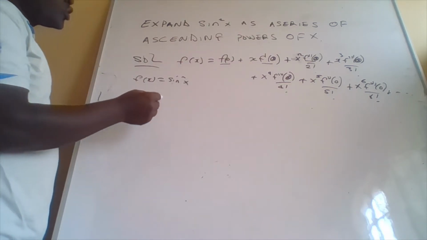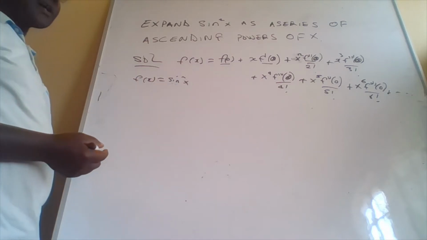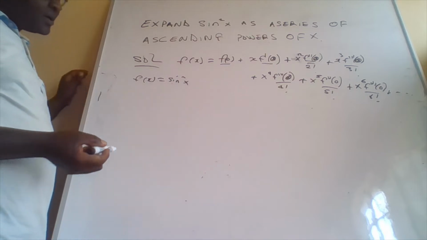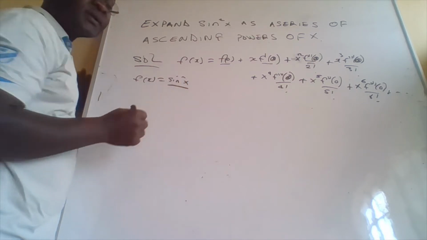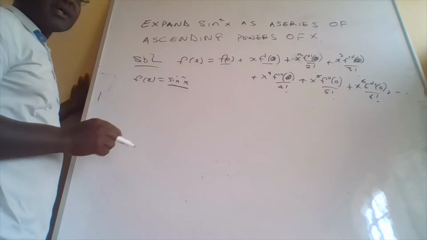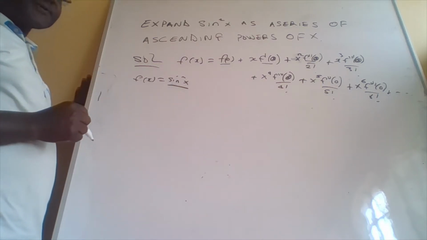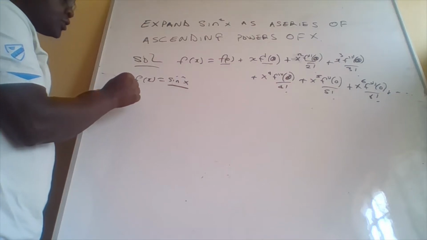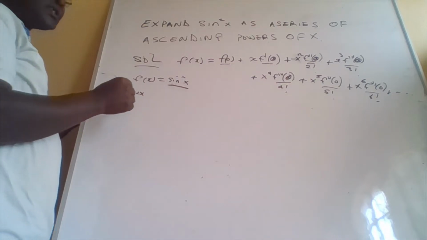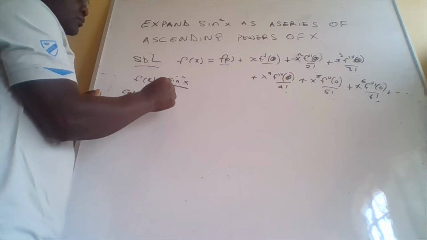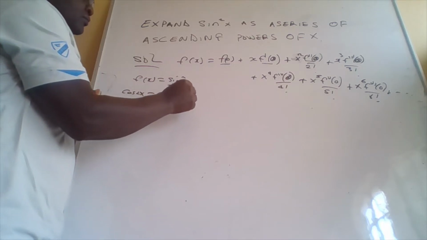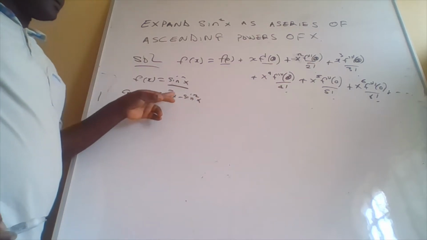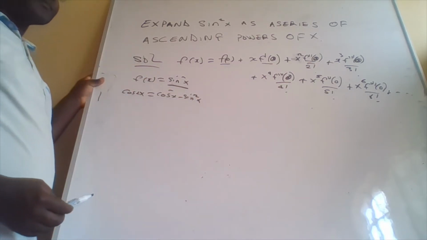Now, we need to get the derivative of sine x squared for us to be able to get these constants. But before we can get the derivative, we need to change sine x squared into its double angles. We all know that cos 2x is the same as cos x squared minus sine x squared.